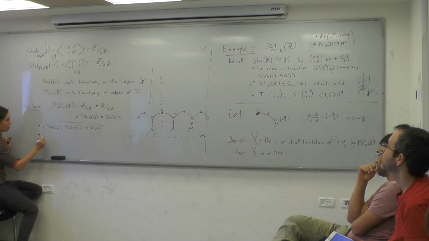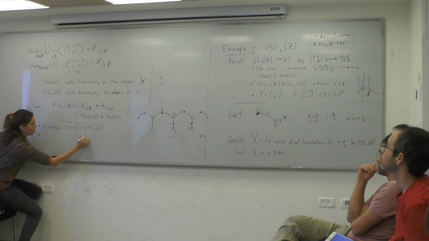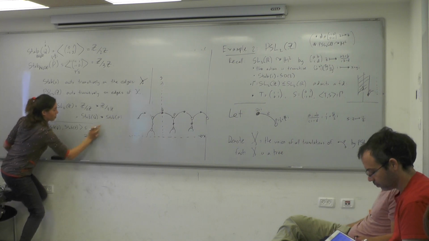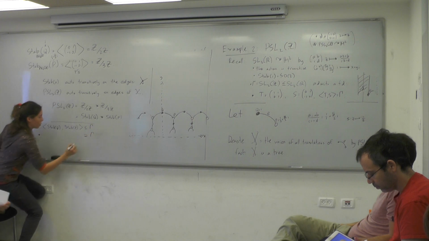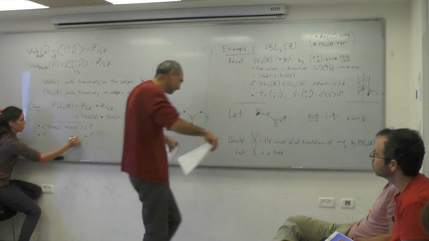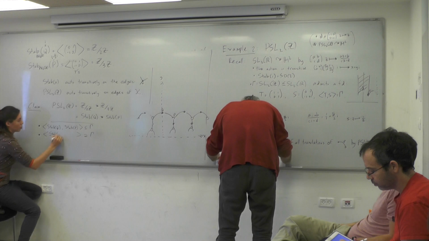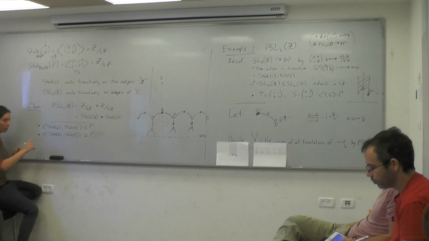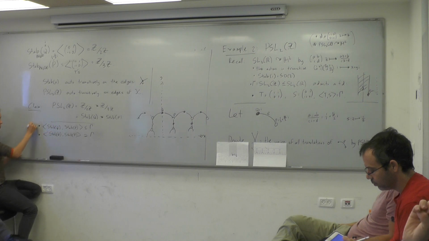Second, we need to observe the other inclusion: that PSL2Z, I'm going to call it gamma, is generated by these stabilizers. We already know the first; we need to convince ourselves of this one.